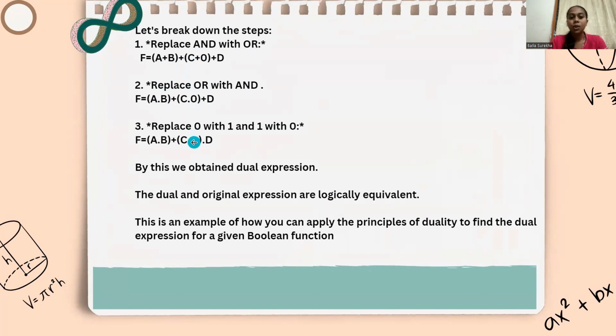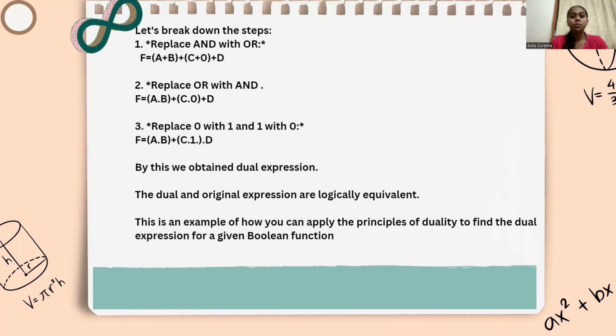And we are replacing 0 with 1 and 1 with 0. We have 0 in this expression, which is replaced with 1. So here we have obtained the dual expression. This dual expression and the original expression should be logically equivalent. So this is an example of the principle of duality. So this is the concept of duality.